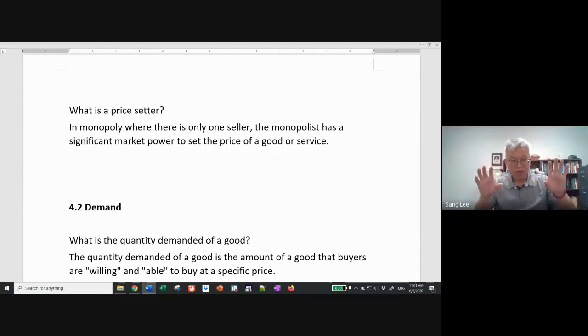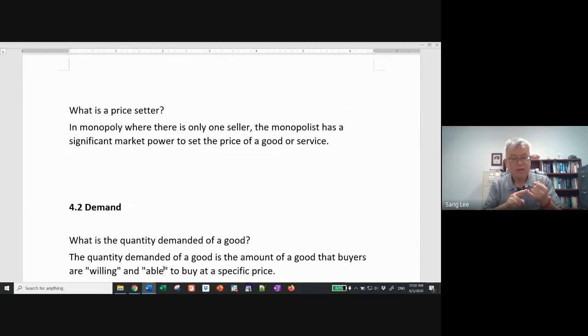Okay, now let me summarize before we get to the details of demand. For a market to be perfectly competitive, three conditions need to be met. First, many buyers and many sellers, so no single individual can have any impact on the market outcome. Second, products, goods, or services traded in a perfectly competitive market are identical or homogeneous.